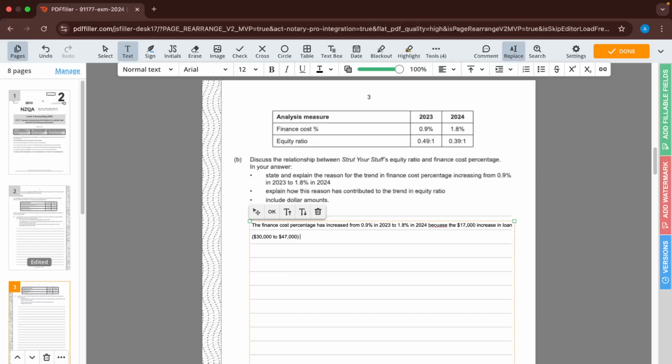It does take a bit more time guys, but it's definitely worth putting those extra figures in. So from 30,000 to 47,000.